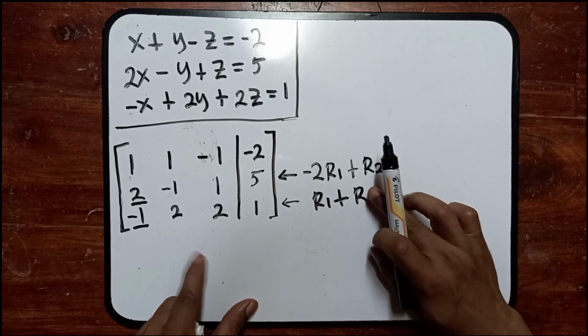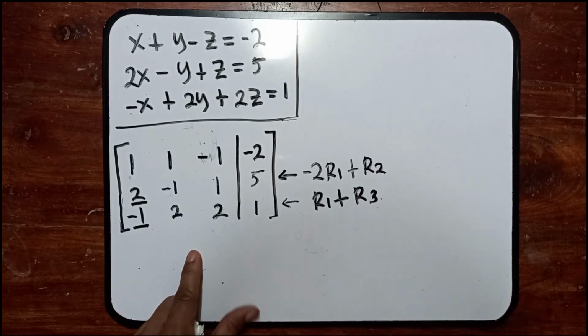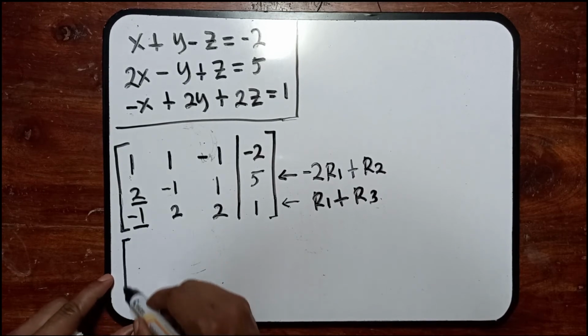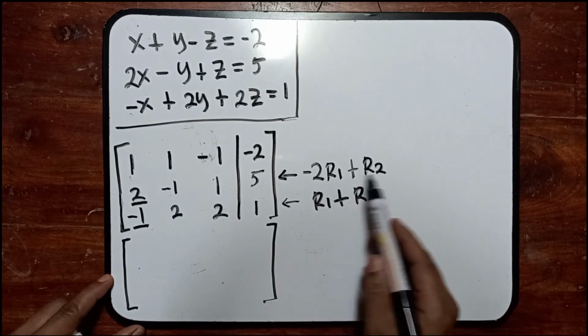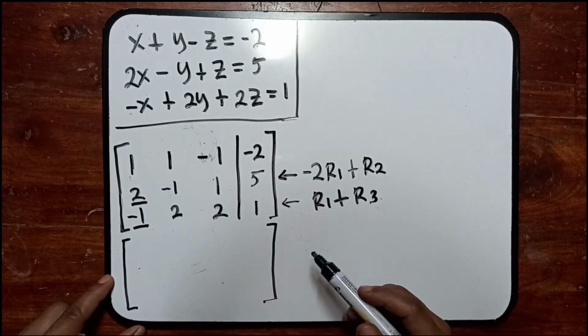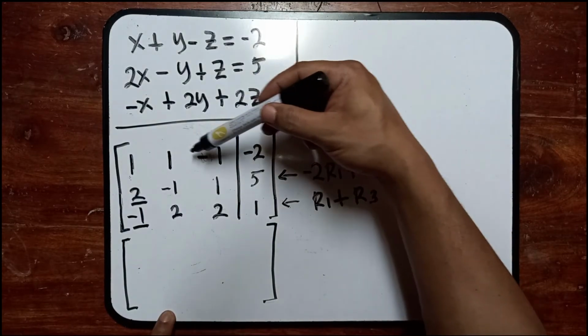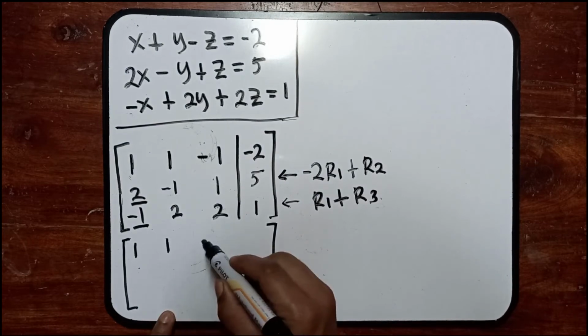I'm sorry, not R2, R3. We are working with R3, so this should be R3. Okay, so let's do this. Let's create another matrix here, applying the row operations. We did not touch the topmost row, so we will just copy everything there.